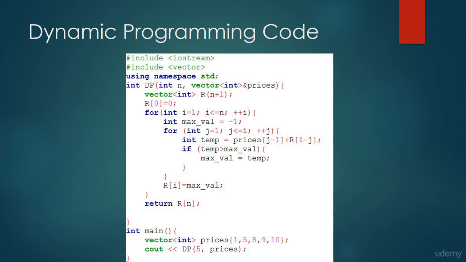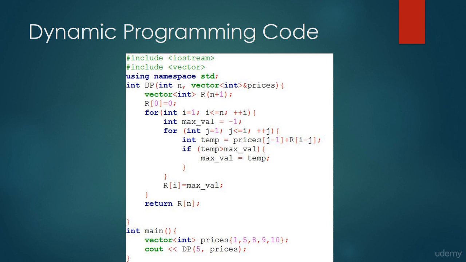Finally, let's look at the C++ code of what we just wrote. Again, we include iostream and vector and use namespace std. We write a new function int dp, which takes int n as an argument and a vector of the prices. We then make a new vector r of size n plus 1. We set r0 equal to 0, and then for i equal 1 to n, we set int max val equal -1.